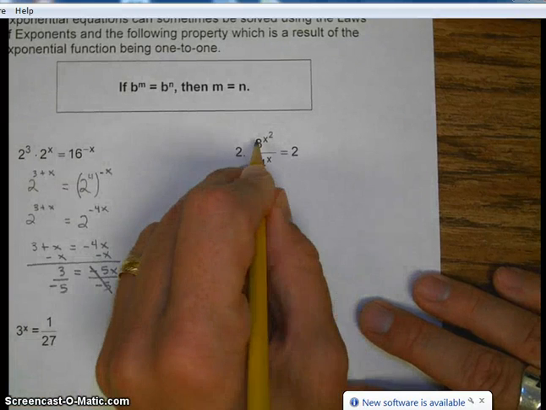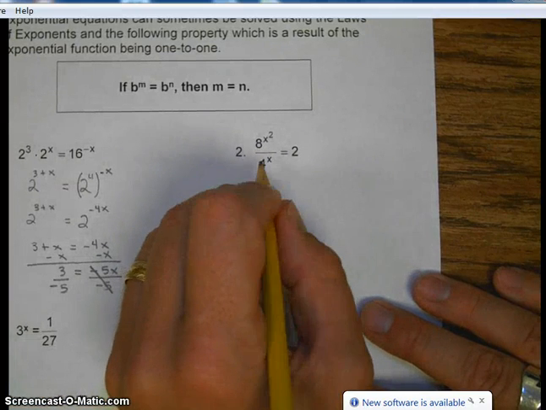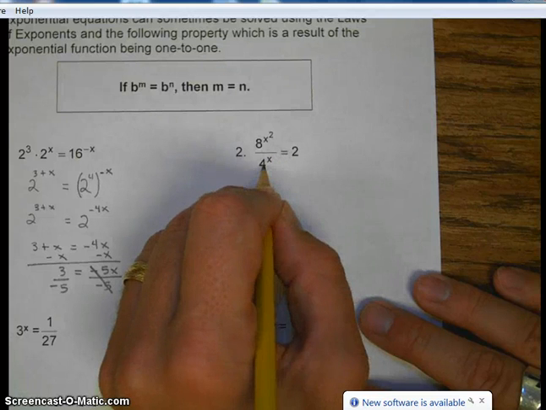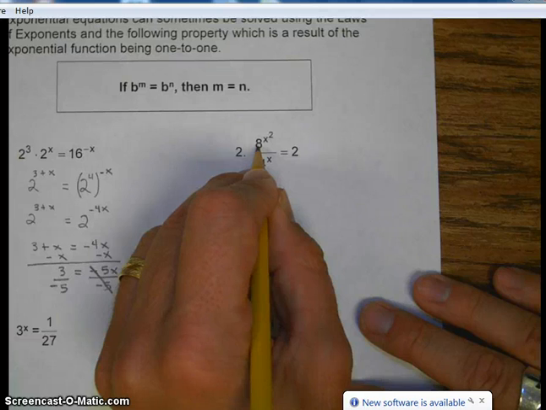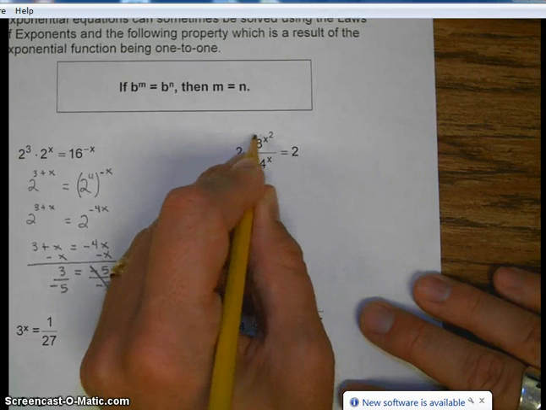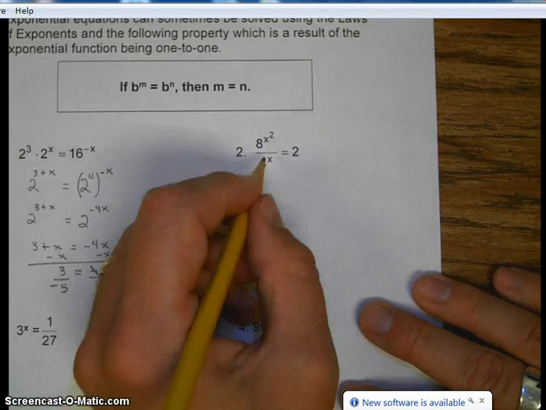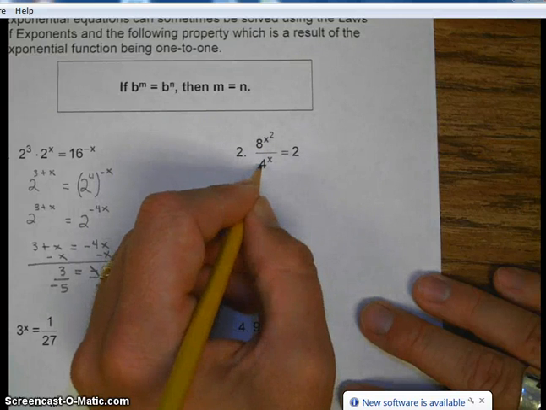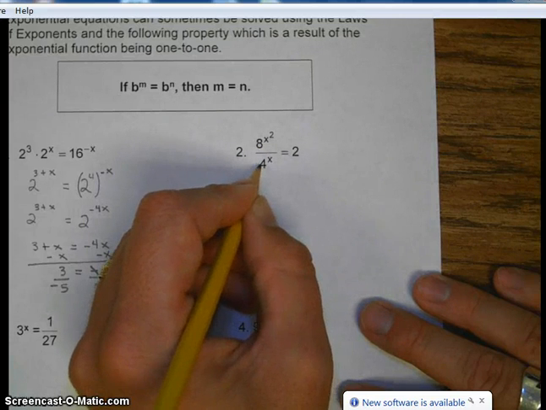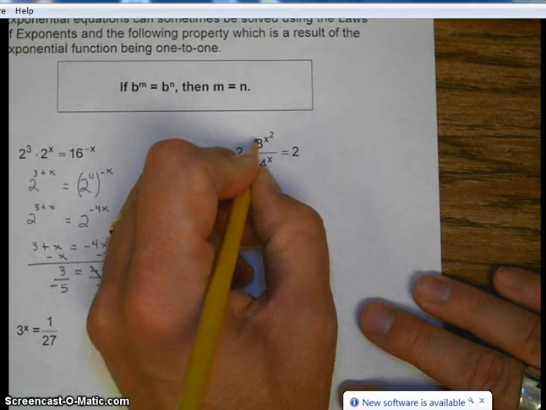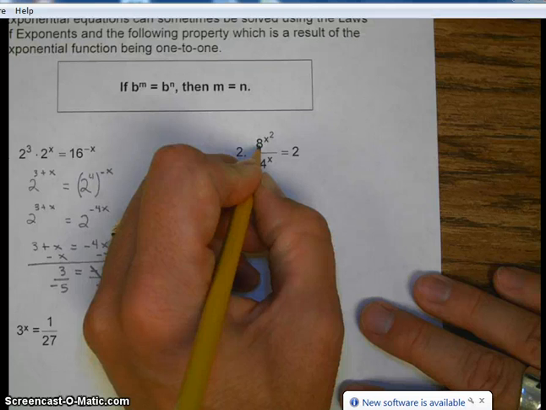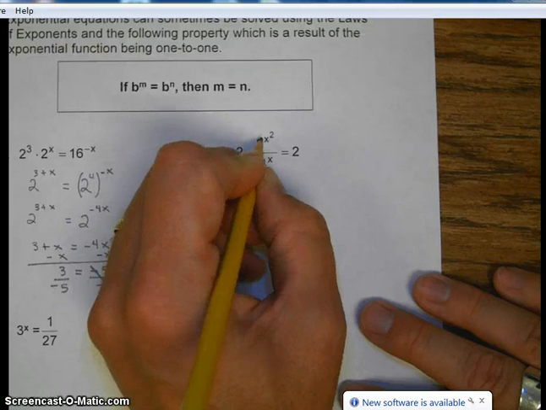If I try to make them both base 4: 4 to the first power is 4, 4 to the second power is 16. I can't get 8 in base 4, so I'm going to have to go to a smaller base than 4. Let's try 2. Let's try changing 8 to base 2: 2 to the first, 2 to the second, 2 to the third.